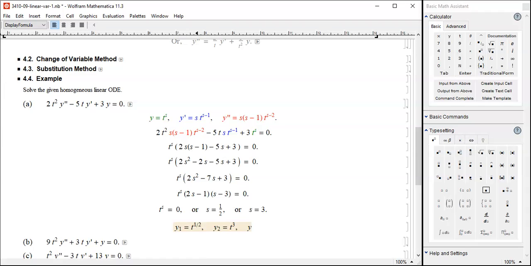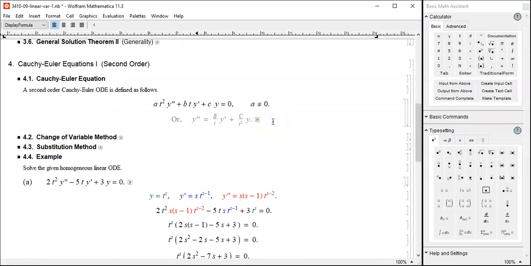Therefore, the general solution can be written as c1 y1 plus c2 y2. So we did get the general solution.